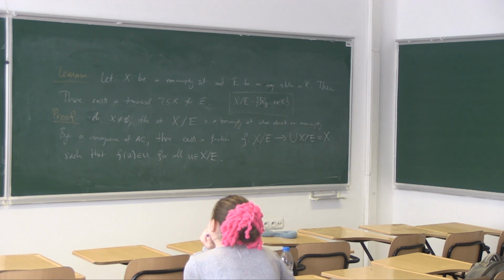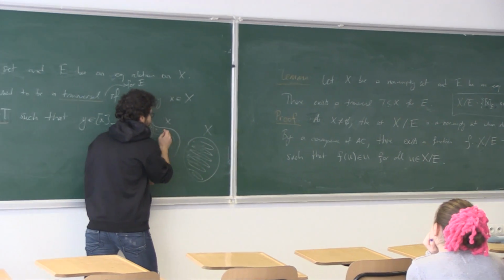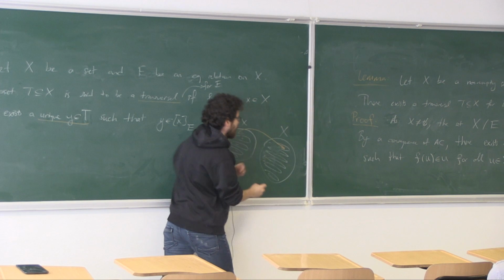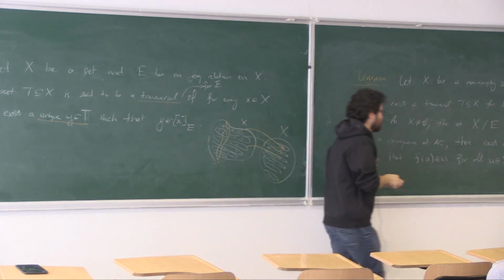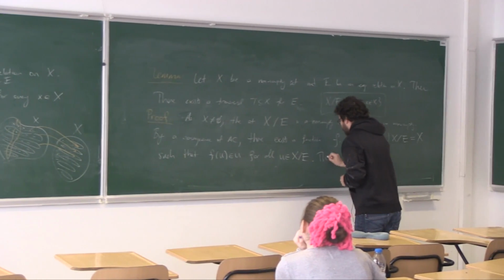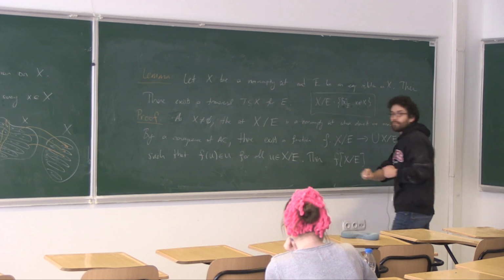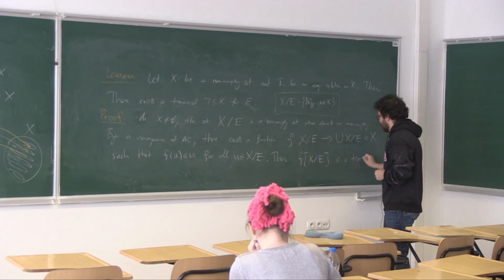I have a function f which takes this equivalence class to an element of that equivalence class. Okay? So if I look at the image of this function, this is a transversal.